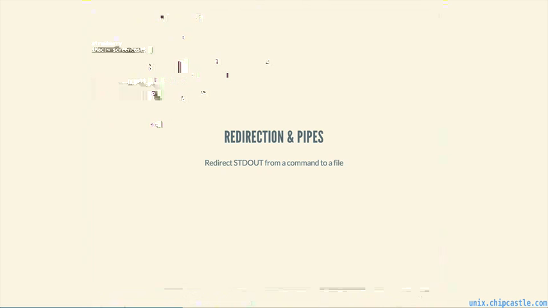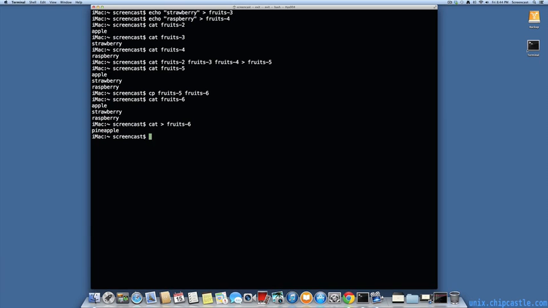I'll type Control D to finish entering the data so that it will write to the fruit6 file. However, since the file already existed, it should simply override it with the new contents. Let's take a look to be sure. When using this type of redirection, use care and be sure you're okay with overwriting the file if it does already exist.